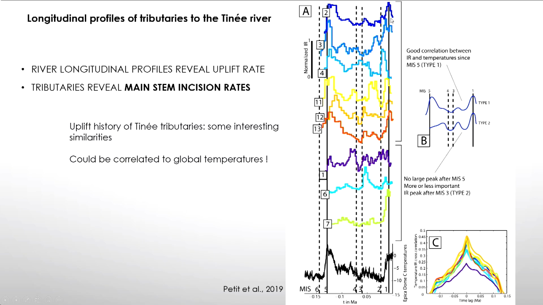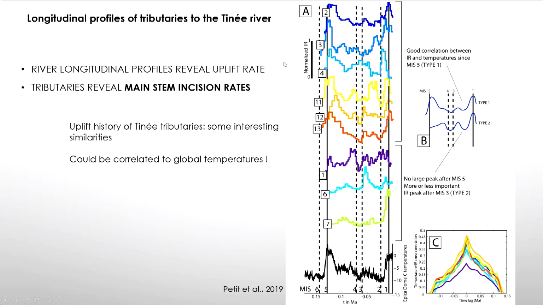Of course, all these curves are not exactly the same, but as you can see, they show a peak of fast incision in the recent period, I mean after the LGM. Then it decreases, and there is also a peak of fast incision in the other warm period that follows MIS5. So there seem to be consistent, although with some variability, pulses in incision rate in the Tinée channel that seem to respond to climatic changes.